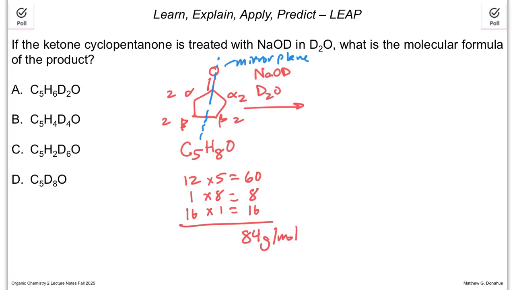Each carbon in the ring, besides the carbonyl, has 2 hydrogens, so there's 4 total alpha hydrogens. So our H8 gets reduced to H4, and then we've incorporated 4 deuteriums, and the oxygen remains the same.